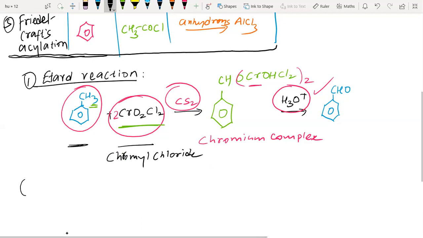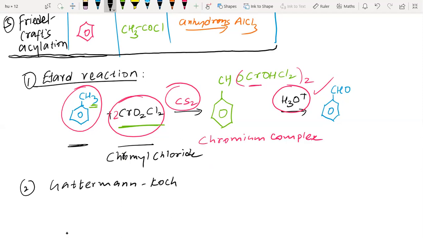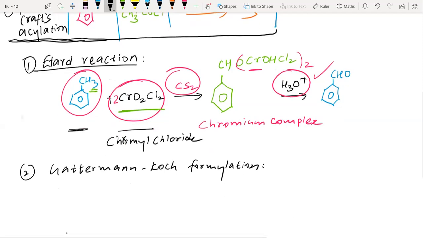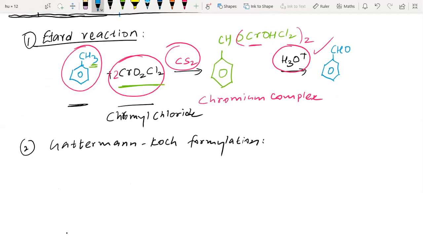Okay, now the second one here is Gattermann-Koch reaction, Gattermann-Koch formylation. Actually, the question can be like this also: how will you obtain benzaldehyde from benzene?